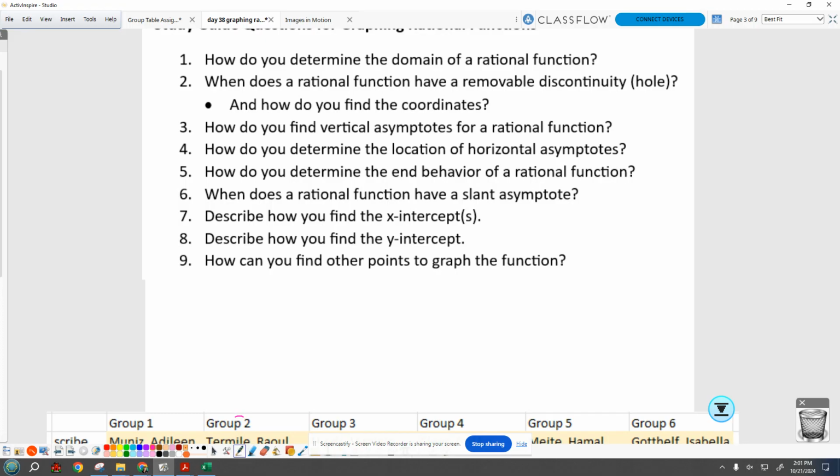Okay, kind of. So once reduced, once we take the holes out, looking at the leftovers in the denominator, set those to 0, and that's how you find your vertical asymptotes.